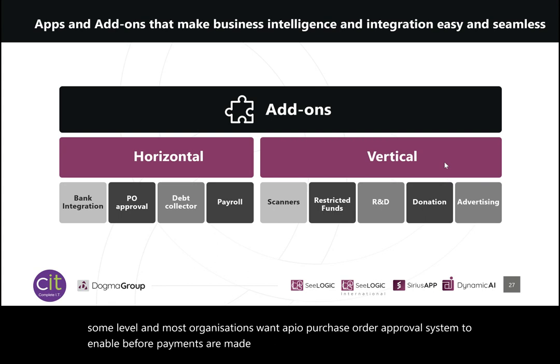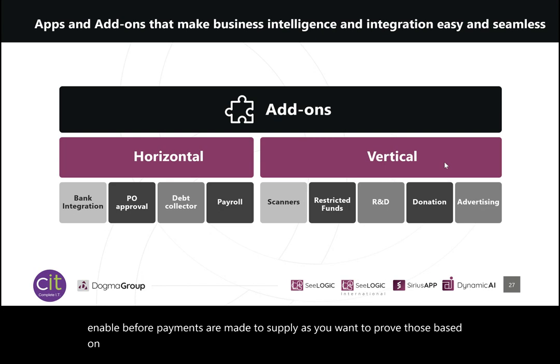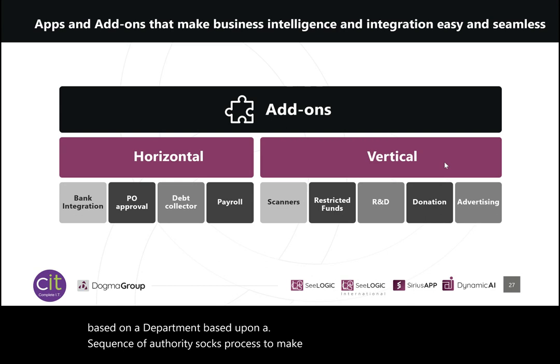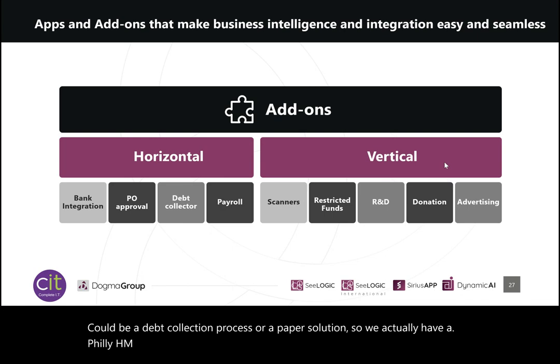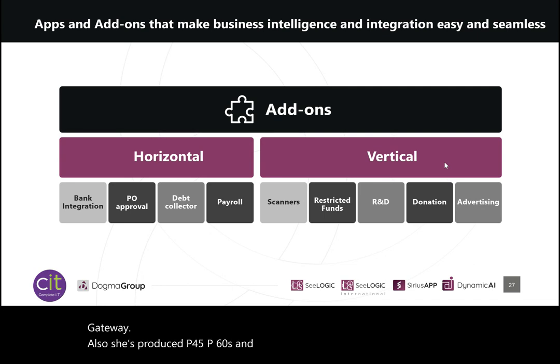You want to approve those based upon a department, based upon a sequence of authority, SOX process, to make sure the right person agrees the right amount for the right items. Could be a debt collection process or a payroll solution. So we actually have a fully HMRC compliant payroll solution which integrates into the HMRC gateway and also allows you to produce P45s, P60s, and also pay slips as well.